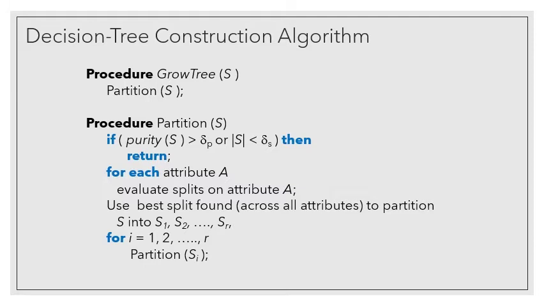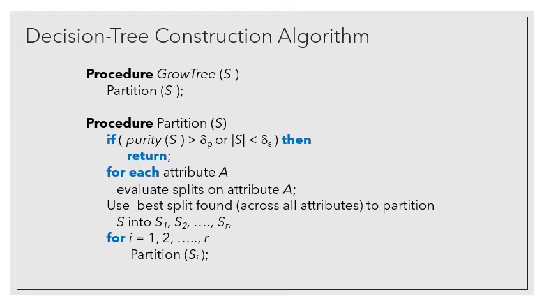In general, different branches of the tree could grow to different levels. So let's see the procedure. The procedure GrowTree(S): first we call the function Partition(S). The procedure Partition(S) is like this. If purity of S is greater than delta P or modulus S is less than delta S, then return.